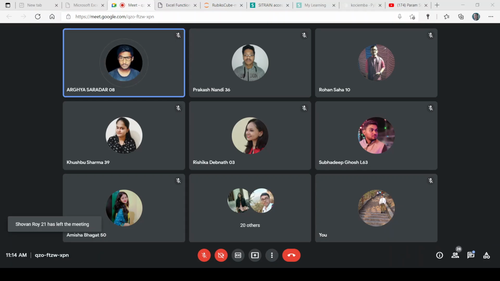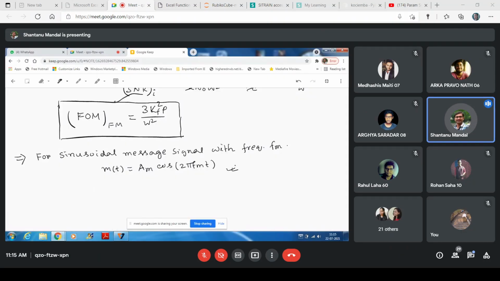We have to put the mean square value, that is P equal to AM square by 2. So FOM equal to 3 KF square by W square into AM square by 2.